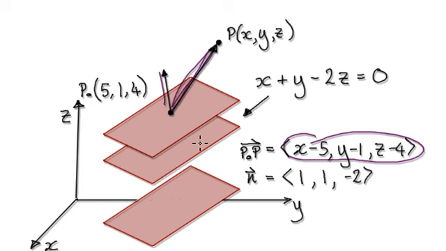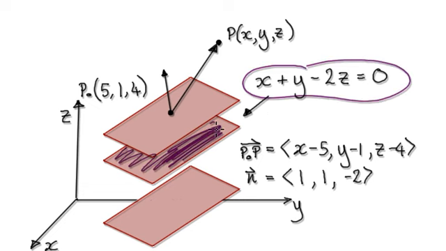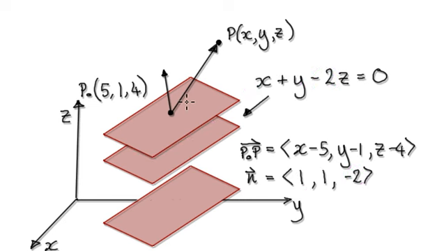And the normal vector, well, if this is the equation for this plane here, to extract the normal, we would just get 1, then 1, and then -2. So remember, because all these planes are parallel, the normal vector for this plane will be the same as the normal vector for this plane, because all the planes are parallel with each other.